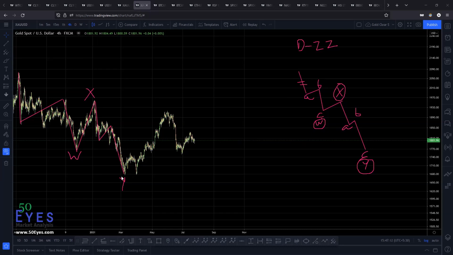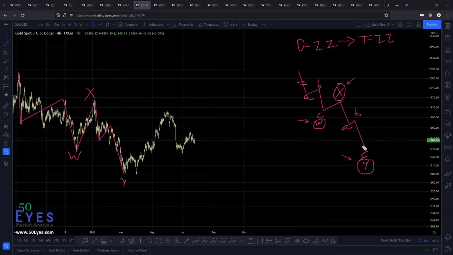Yeah, I think I have marked it, so this is the low, right? Now the possibilities of further movement, and I was saying complex because this structure, the W, the X, and the Y, can further expand from a double to a triple zigzag, right?